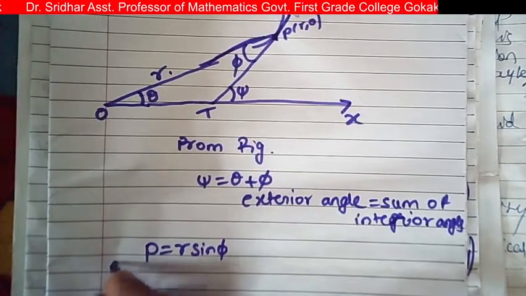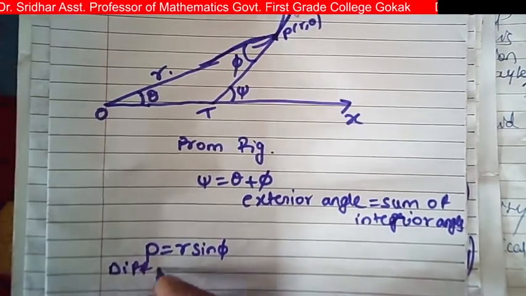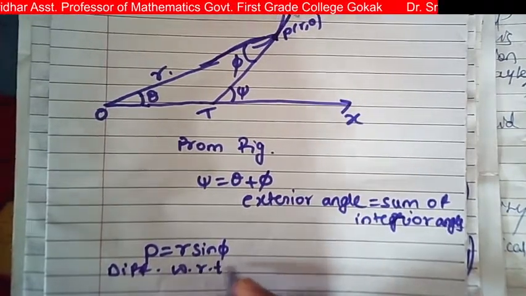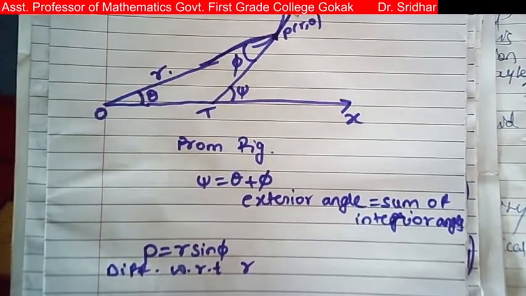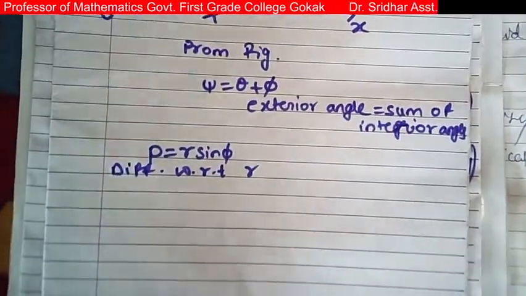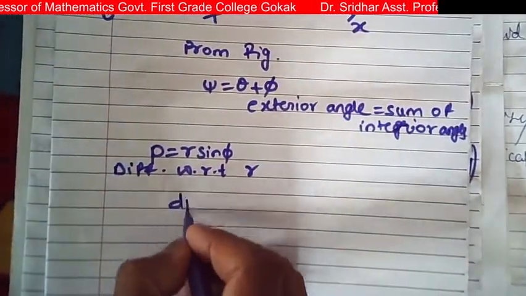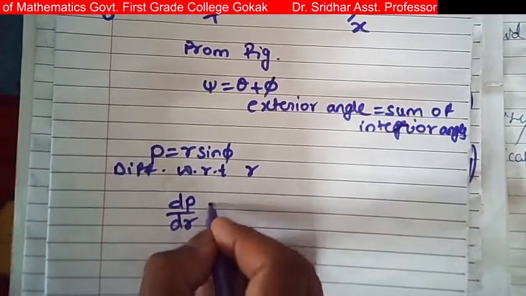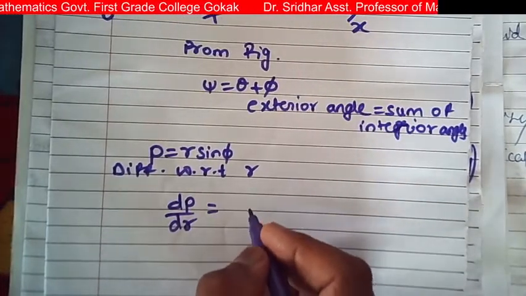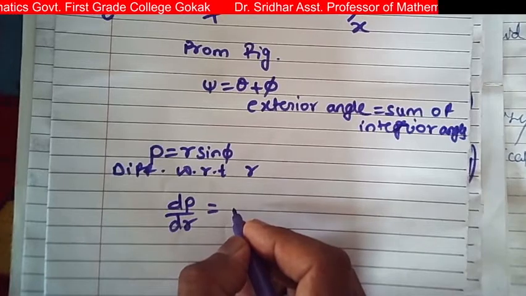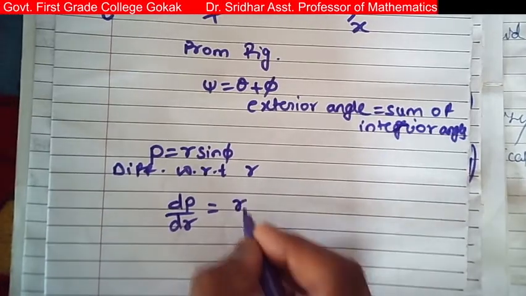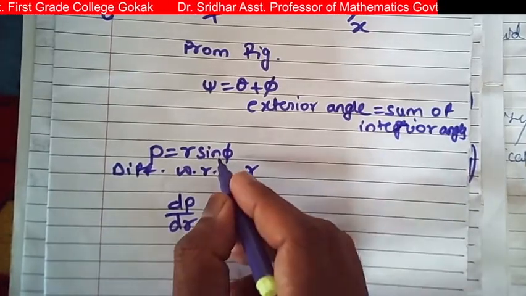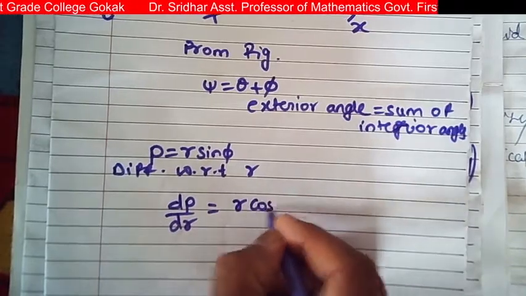Differentiating with respect to r, we get dp by dr is equal to: first r is constant, differentiate sin phi, so it is cos phi.